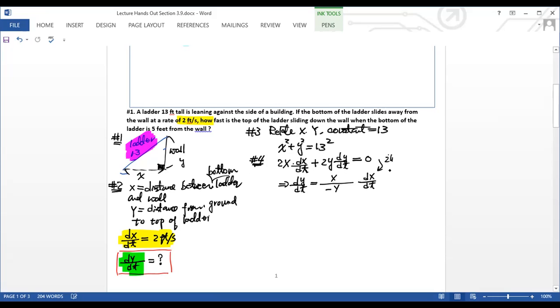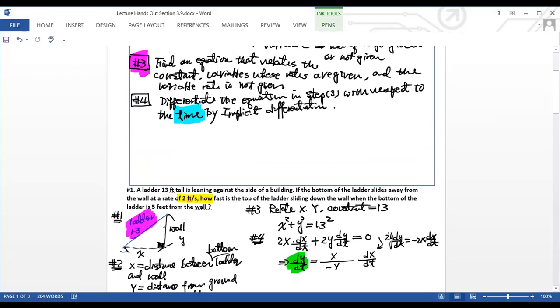This is 2y dy/dt equal to negative 2x dx/dt, then you divide by 2y and get dy/dt, which is what we are looking for. So that is step number 4, a pretty easy step. Like I said, the hardest one is probably number 3. Now number 5, how do I do that?